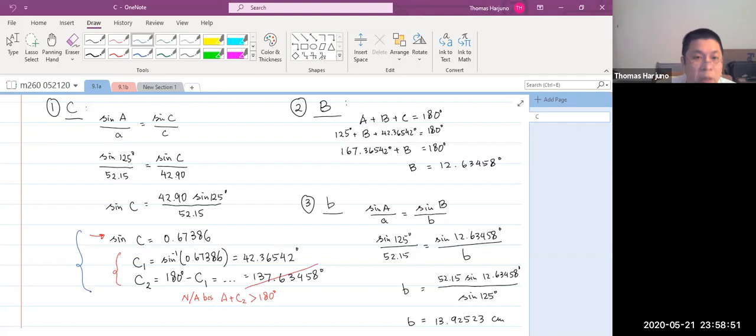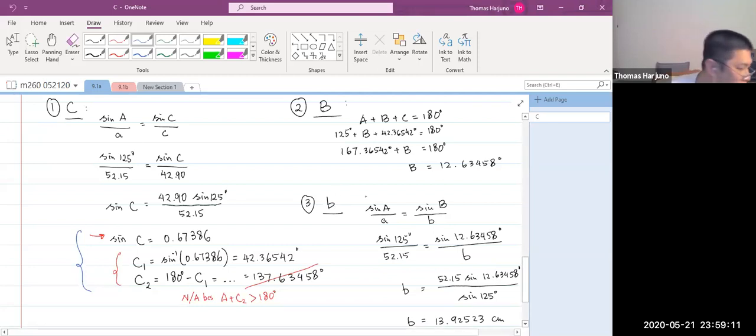Then from there you check which works. It is possible that both work. If both work, then in step 2, instead of only B, we will have B1 and B2, and side B later on will also be B1 and B2.